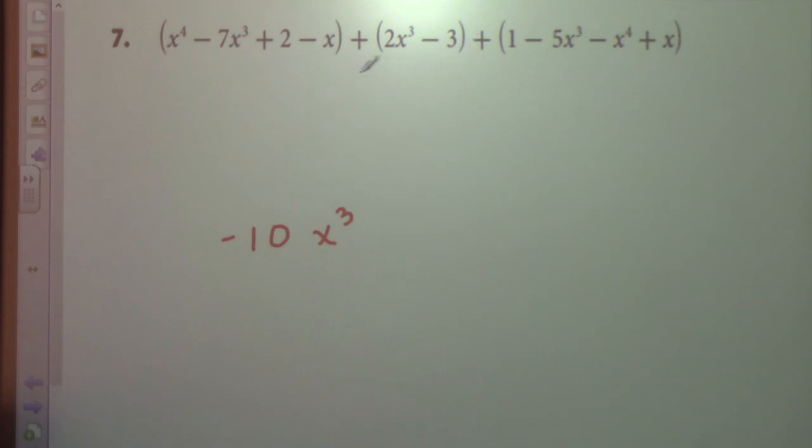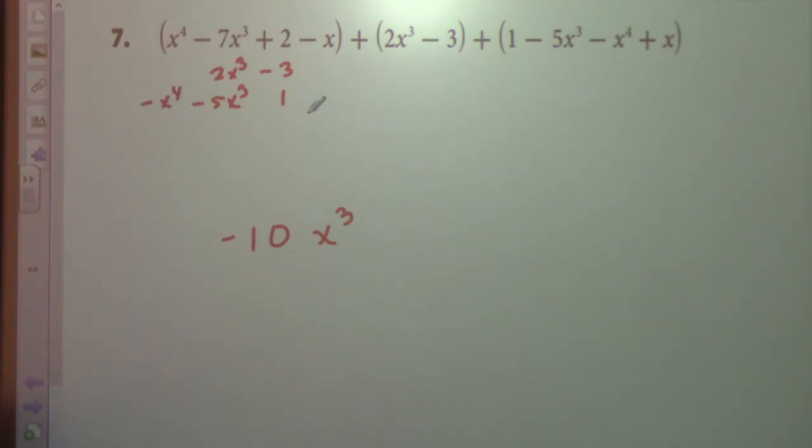If you stack these, here's your 2x cubed here. And then you have minus 3. And then you have this 1. And you have this negative 5x cubed here. And negative x to the 4th power.